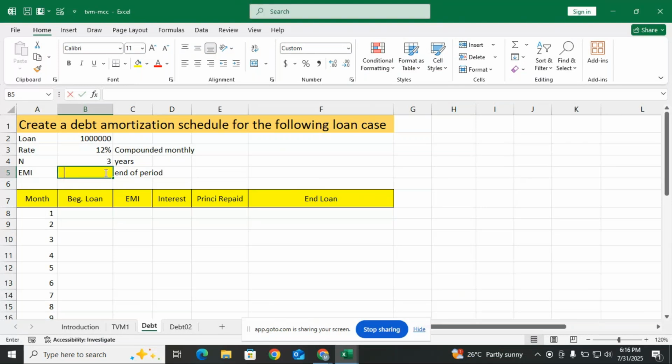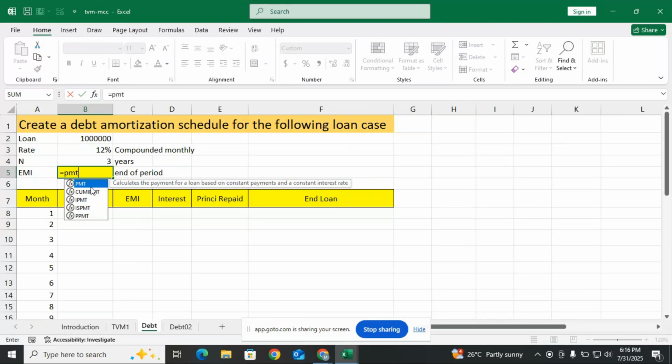Equals to PMT. The rate of interest is 12%. Since it is compounded monthly, what do we do? We divide it by 12, and the number of years we multiply by 12. So what is the present value?